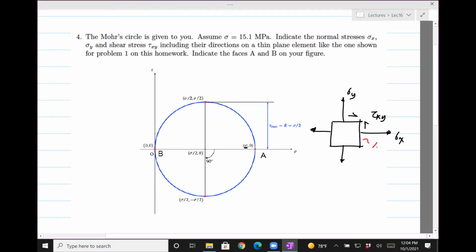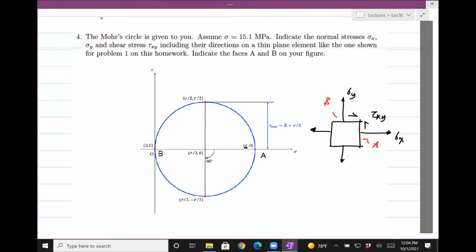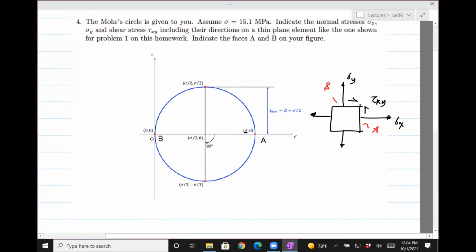This is A, this is B. Okay, so for a problem like this, I don't recommend really using the equations. It's much easier just solving using the Mohr circle. So first thing we notice is that sigma is 15.1.